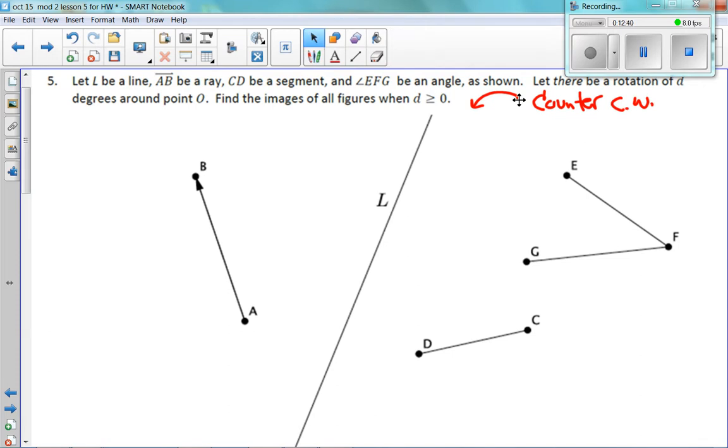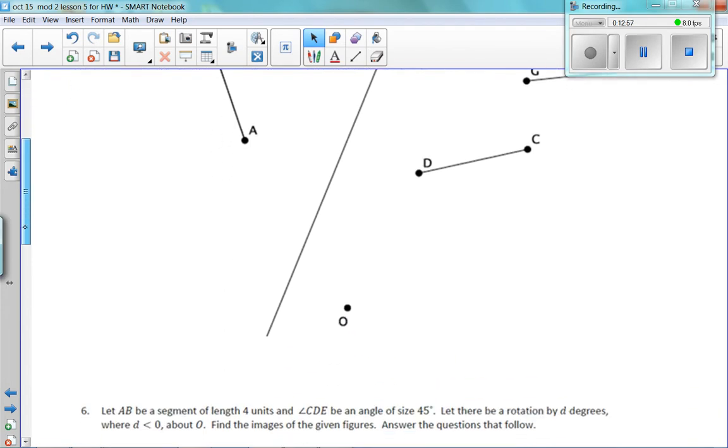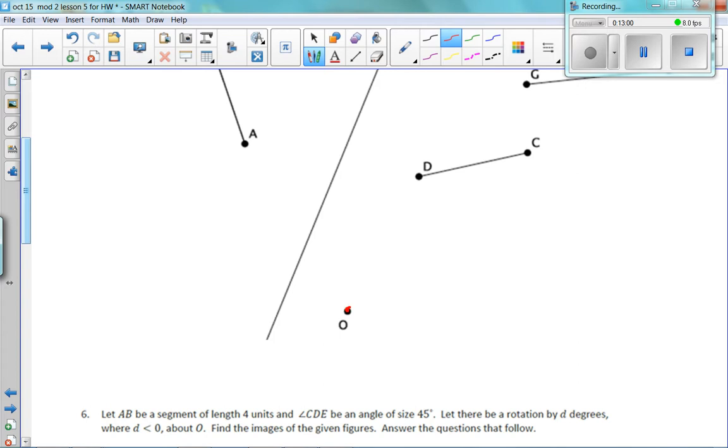So I'm going to draw some figures on here. I don't have a transparency on here, but you should have had a transparency on your page. Since the rotation is around point O, you want to make sure that you put a dot on O and then trace the other figures.